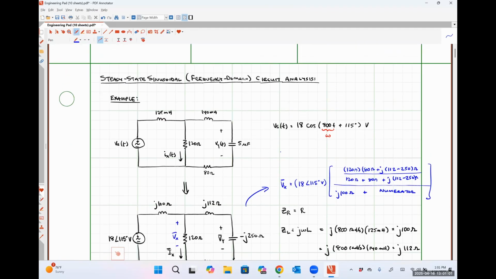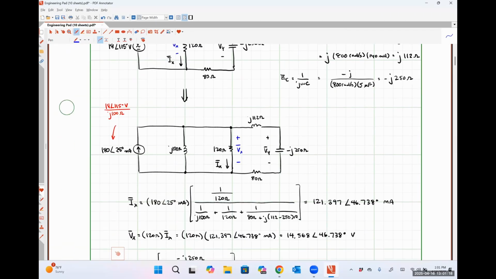So we were trying to solve for Ix as a function of time and Vy as a function of time. So we are not quite done. We are incredibly close. Our last step is simply to convert back from the frequency domain to the time domain for those two signals of interest.